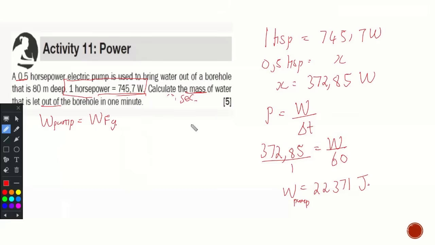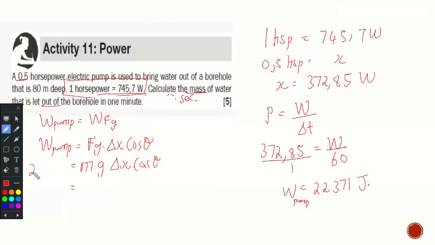So we can say the work done by the pump is Fg delta x cos theta, where Fg breaks down to mass multiplied by gravitational acceleration, then delta x and cos theta. Remember, we are looking for the mass.